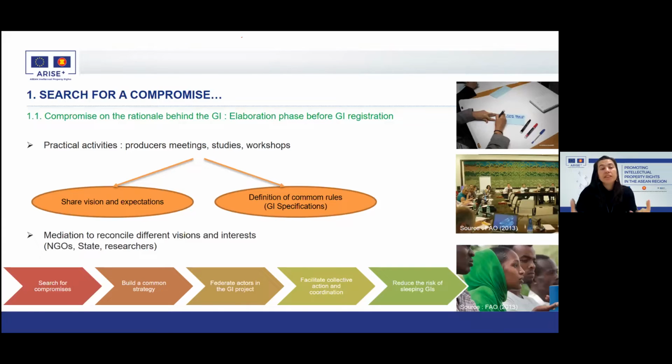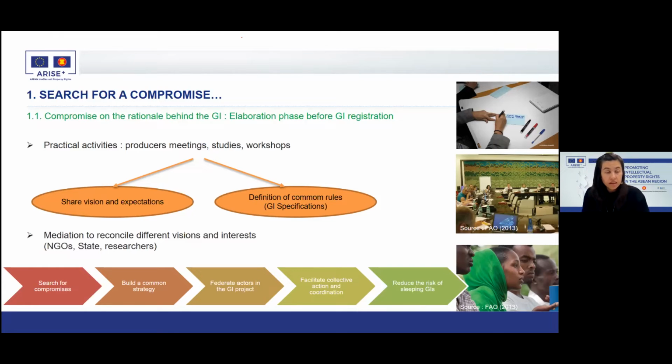So obviously mediation is very useful during these meetings to facilitate the communication between all these different stakeholders. And this mediation can be done by NGOs or public actors or researchers. Most of the time it is done by indirect actors that are not economically impacted by the project.